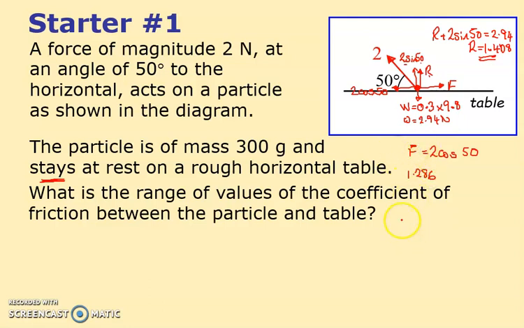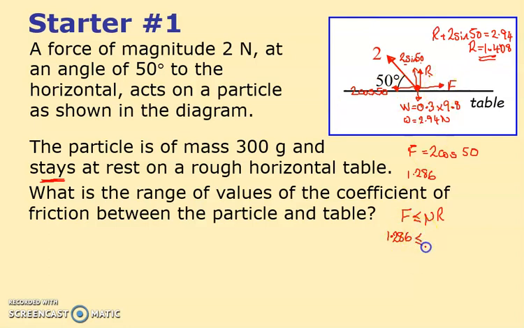Now, bear in mind though, F is less than or equal to mu R. That's our formula. Normally, if it was actually moving, I'd say it was equal to mu R, but it's not moving, so it could be that we haven't quite got up to the maximum amount of friction yet. So the friction is less than or equal to mu R. All that's needed at the moment, at rest, is that the force applied to it is this 1.286, so it's 1.286 the other way.